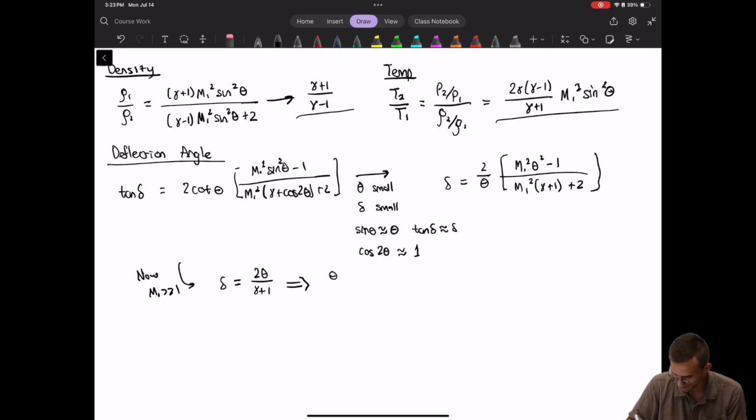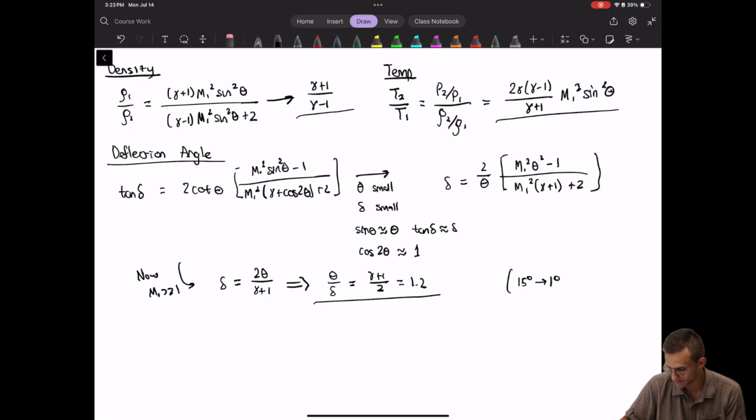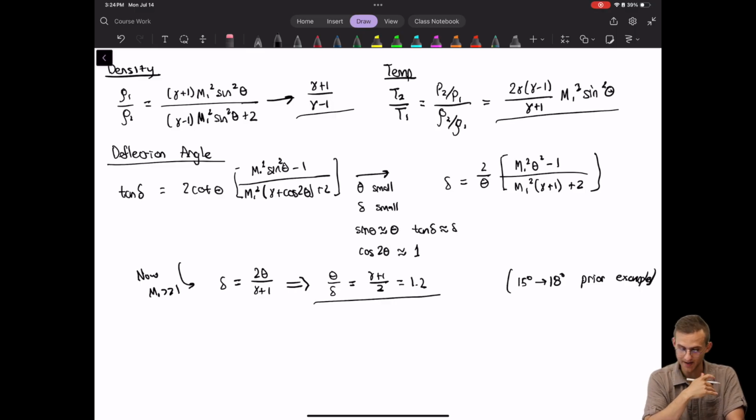So theta over delta, the ratio between the 2, is gamma plus 1 over 2, or 1.2 for air, our main case. And this is sort of hidden in our prior example, 15 to 18 degrees in the prior example. So the relationship between the shock angle and the deflection angle is very simple in the hypersonic limit.